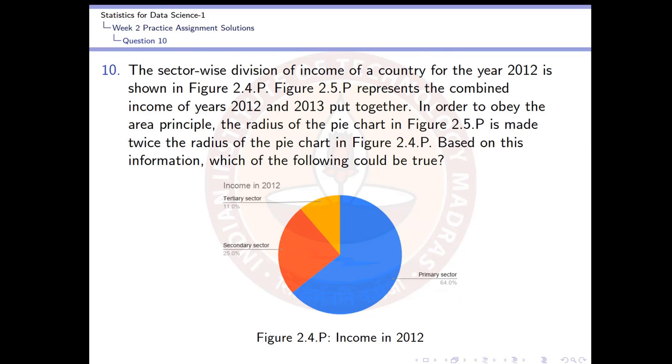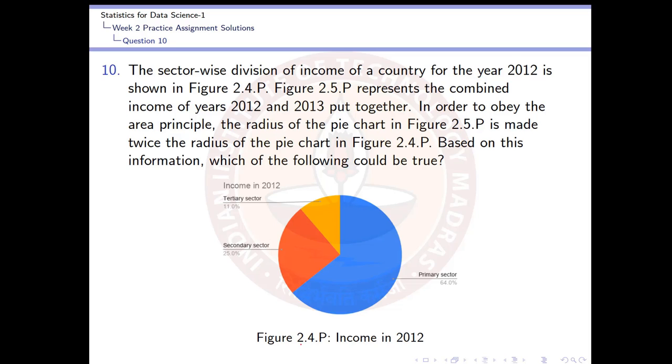So let's move to the 10th question. The sector-wise division of income of a country for the year 2012 is shown in figure 2.4.p, and figure 2.5.p represents the combined income of year 2012 and 2013 put together. The radius of the pie chart of figure 2.5.p is made twice the radius of the pie chart of figure 2.4.p.